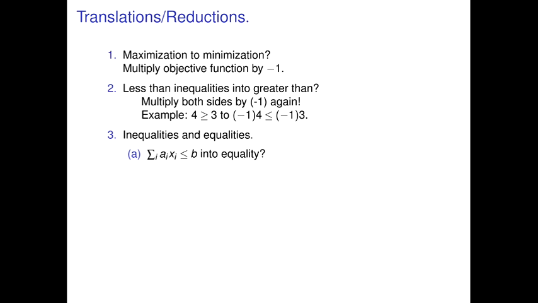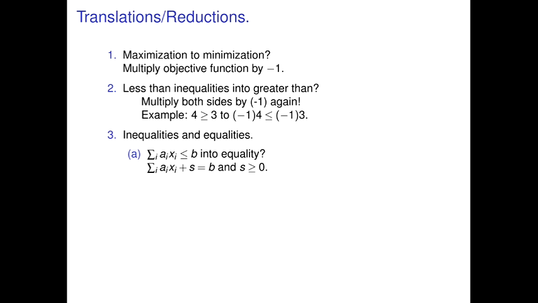The answer is yes. I add a variable s and say it equals b. If this is less than b, I should be able to add something s where it equals b, where s is greater than 0.